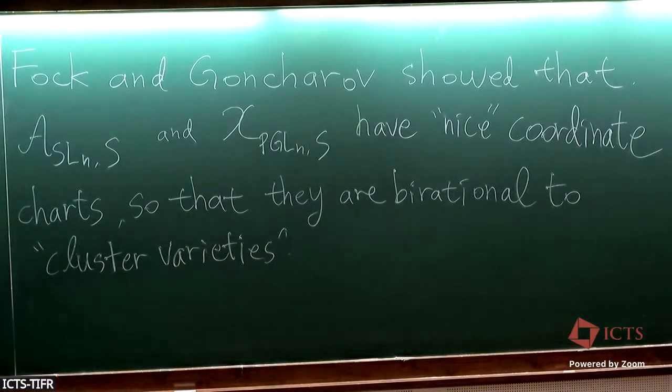So in order to tell you what I mean by this sentence, I have to tell you what I mean by the cluster variety structure. And for that, I have to give you some quivers, which are special graphs with orientation.